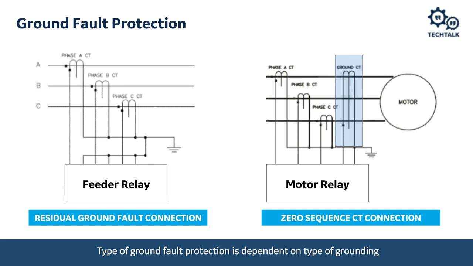They can also be things like ground or neutral overcurrent. So phase overcurrent is fairly simple. Phase overcurrent is an overcurrent element that is operating from the phase CTs. So this is A, B, and C phase.